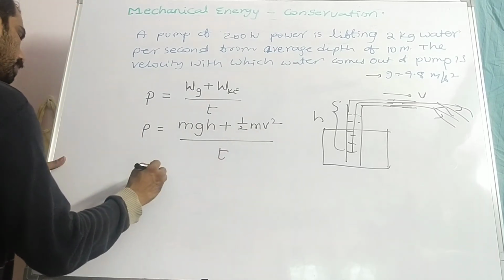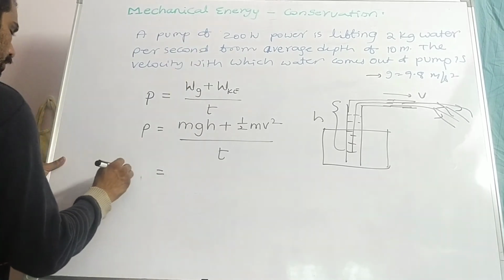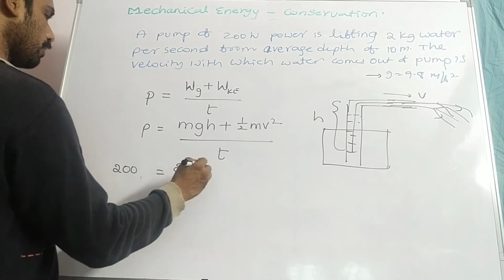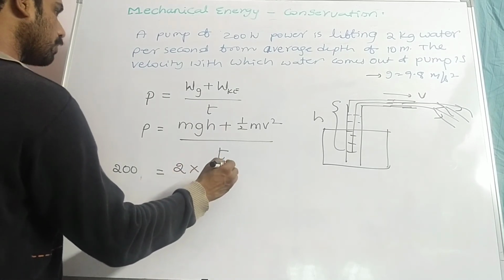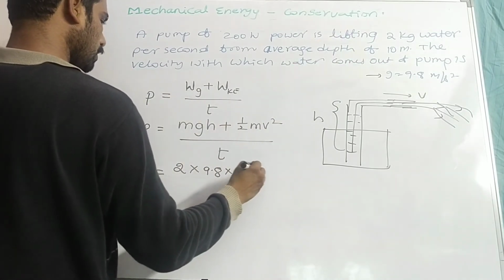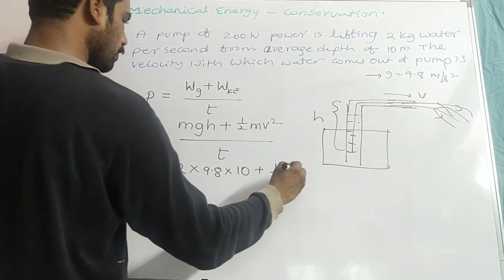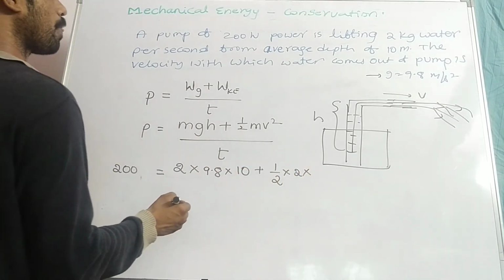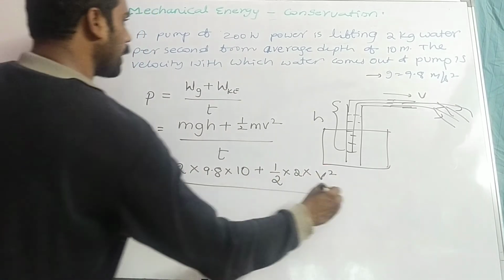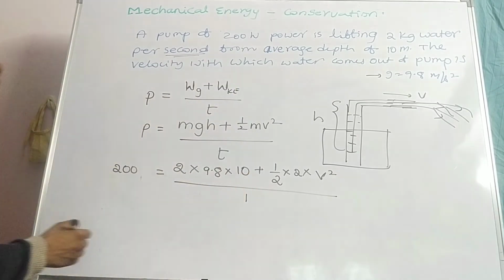Now power P is given as 200 watt. 2 kg water, 2 into 9.8 into height of the liquid column, average depth 10, plus half into mass 2 into speed v square, by time given, per second. So that will be 1.